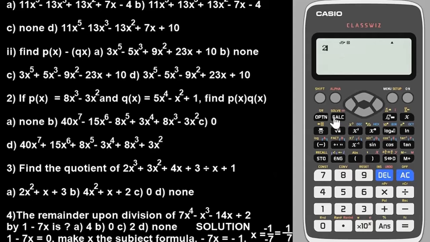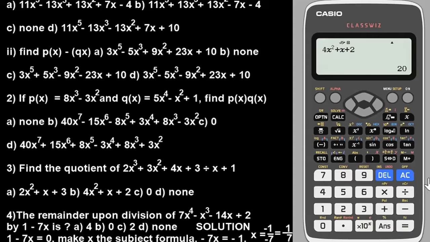We have 2x alpha x square plus x alpha x plus 3. Let's see, 13. So guys, the answer is what? Option A. But let's check option B. Let's put 2 here and put 4 here. 20.